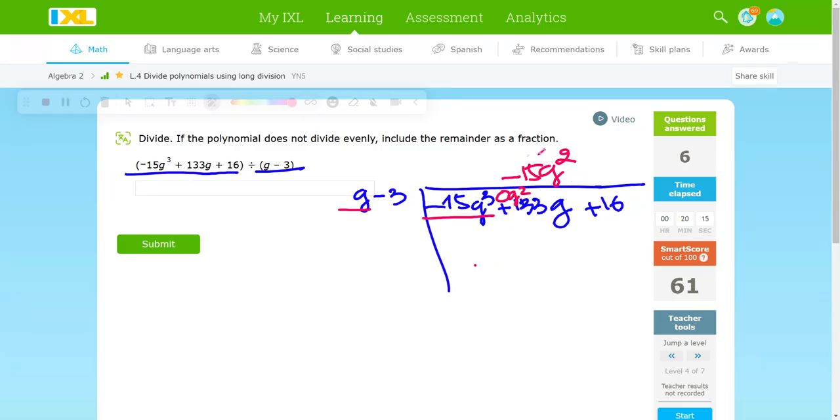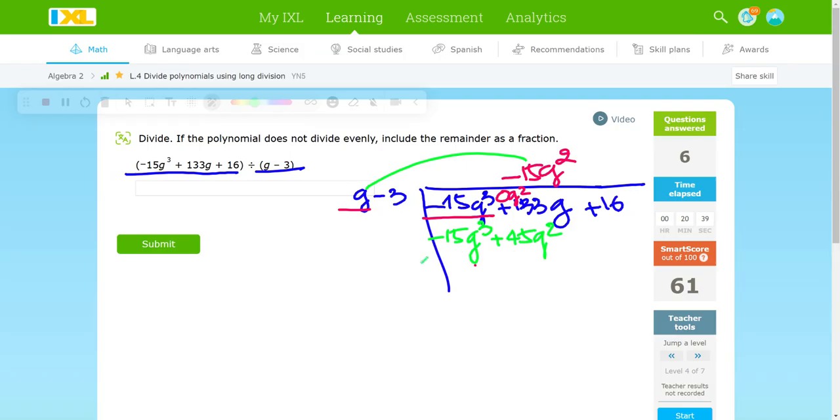Okay, so now when you multiply them back over here. Negative 15g squared times g becomes negative 15g cubed. Alright? And negative 15g squared times negative 3 becomes 45g squared. Okay?